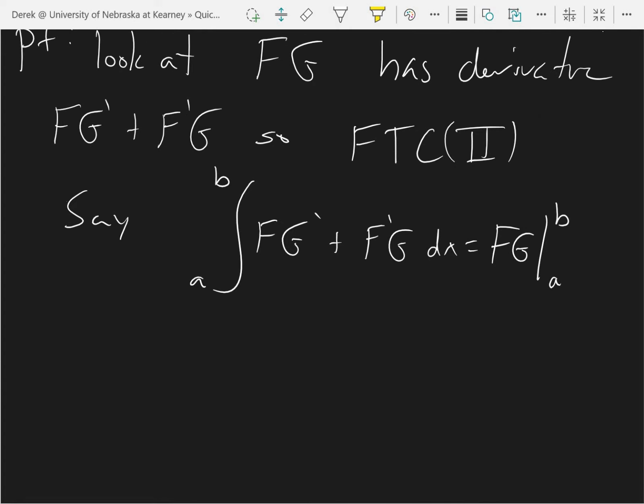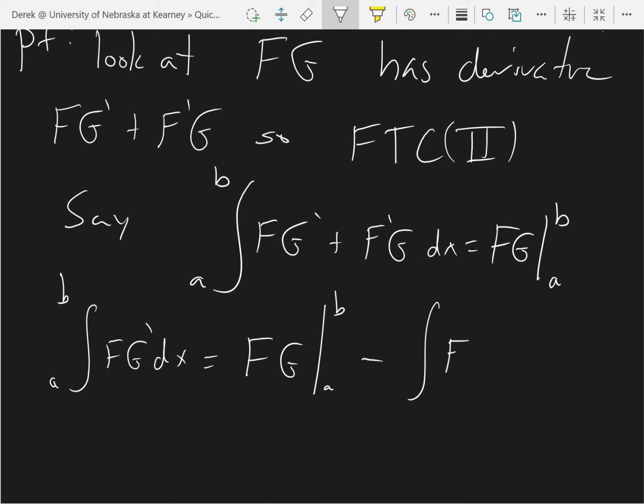Well, I can just break this into two pieces on the left, so I've got the integral from a to b of F G prime dx equals FG evaluated at a and b minus the integral of F prime G dx from a to b.